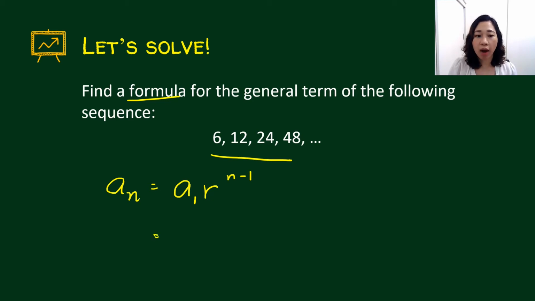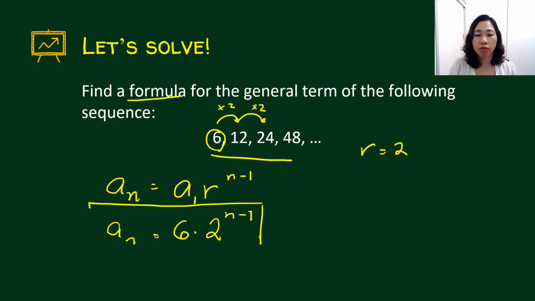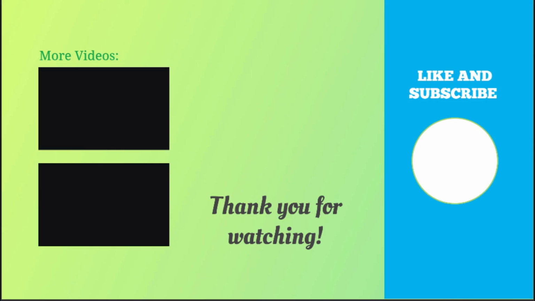But from here, our first term is 6. What is our common ratio, class? Our common ratio is 2. Correct? 6 times 2 is 12, right? So 6 times 2 to the n minus 1. This is now your formula for the general term of this sequence.